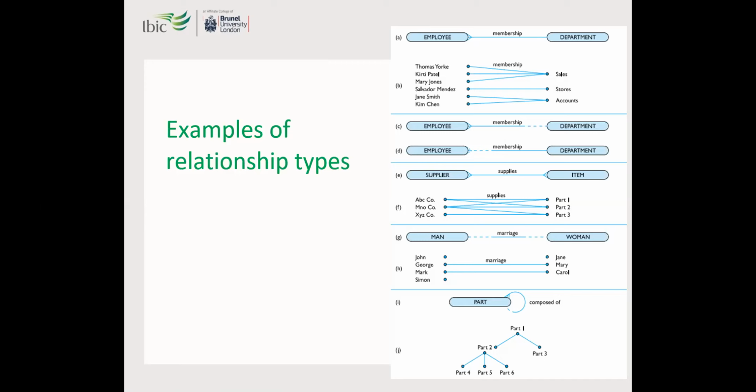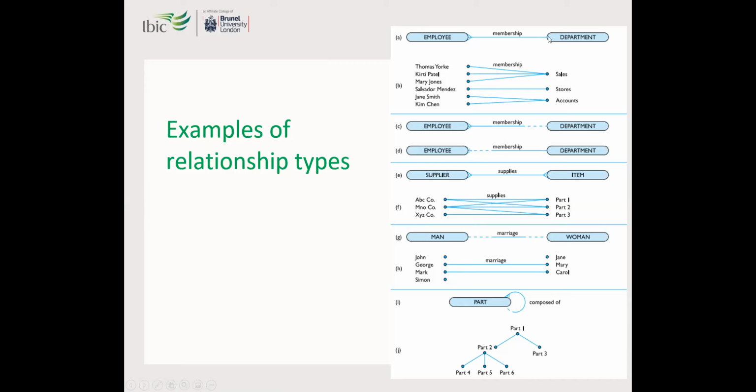If departments can exist without having any employees as members, then this may be shown as in the other one. So we say if a department can exist without having any employees, then we're going to represent the relationship by using this notation, dashed.